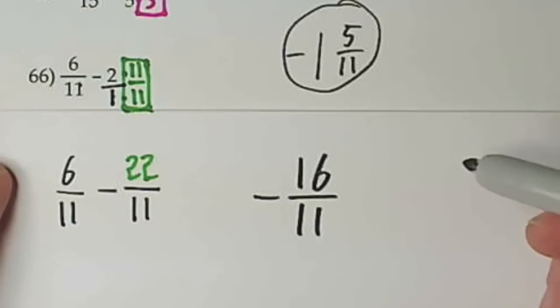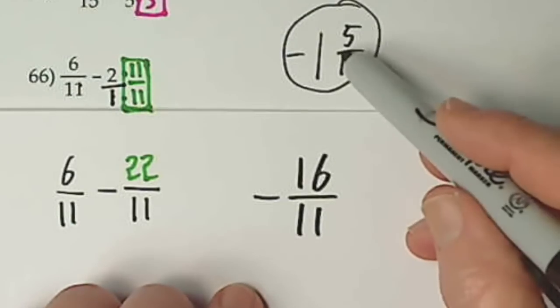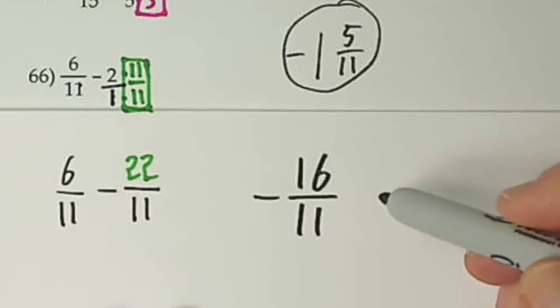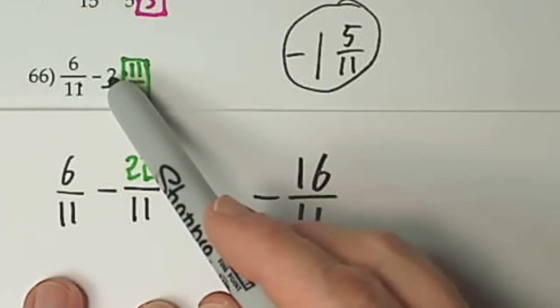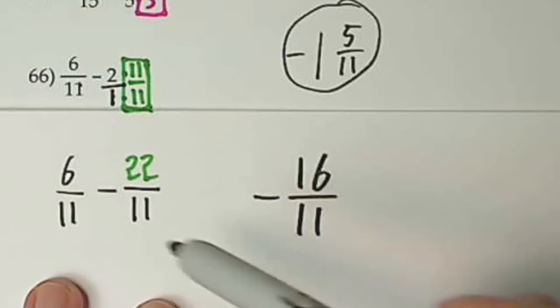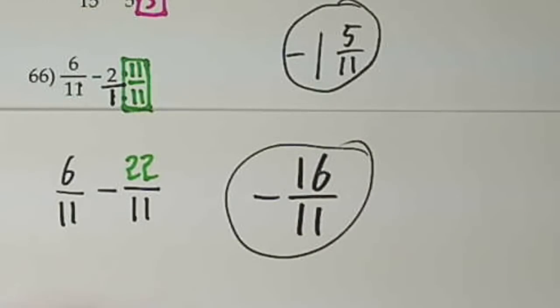That's negative 16/11ths. And notice if we turn this into a mixed number, we would get negative 1 and 5/11ths. Okay, so you might be able to just get there thinking about it, but if not, put it over a 1 and get your common denominators. I will accept the answer in either form.